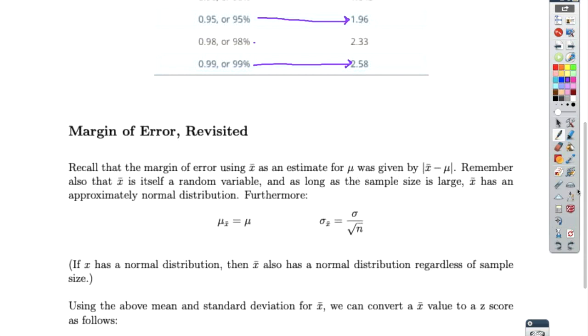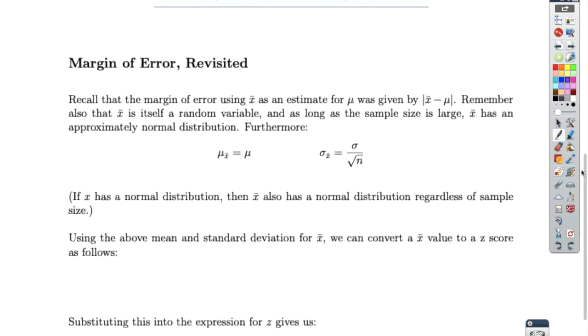Okay, so now that we have those, remember that one of the things we could do if we knew both the sample mean and the population mean is to find the margin of error. We can find how close these two are to each other, which would just be the absolute value of their difference.